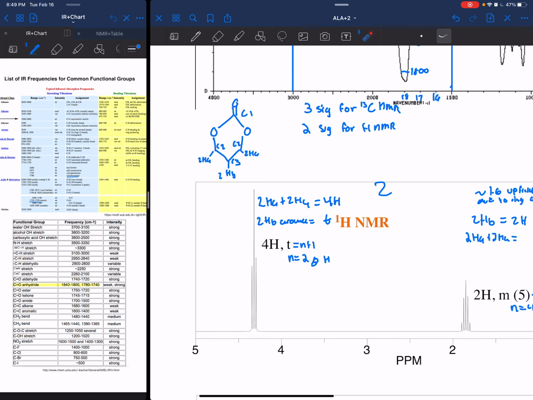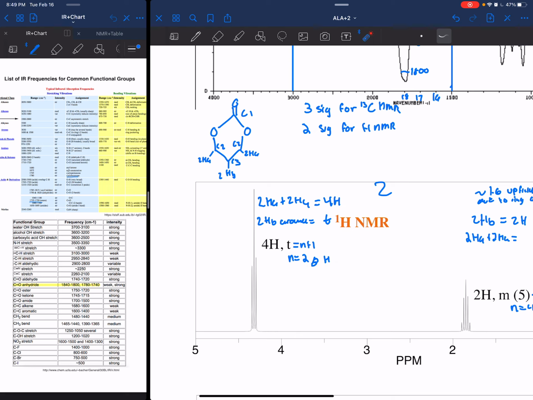I have the work written down right here to find out how many neighboring hydrogens there are. You would take the multiplicity and subtract 1 from it, and these are the neighboring hydrogens.